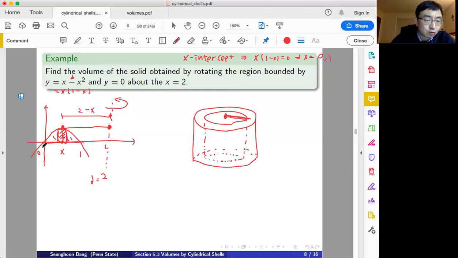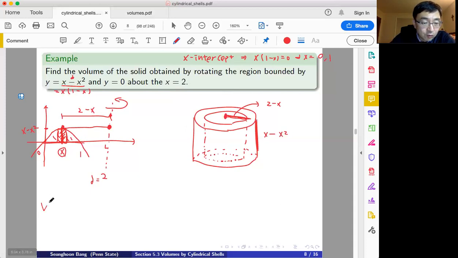The 2 minus x is the radius. So one more, the height. Height is this one. You can plug x into the curve. The function value of the curve is x minus x squared.